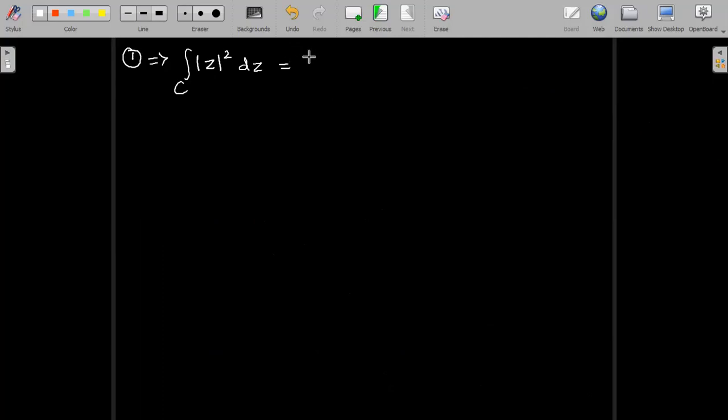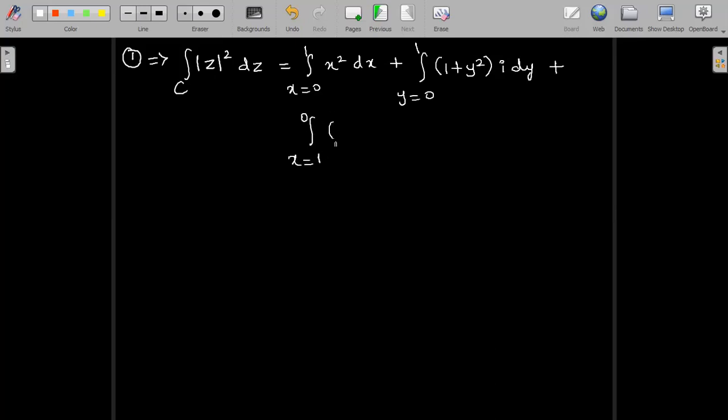So integration of x from 0 to 1 of x² dx, plus integration of y from 0 to 1 of (1 plus y²) into i dy, plus, the third one, the integral over C3, x from 1 to 0 of (x² plus 1) dx, and the fourth one is the integral for y varying from 1 to 0 of i y² dy.